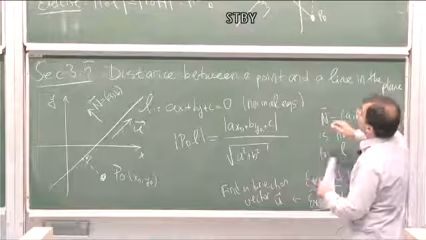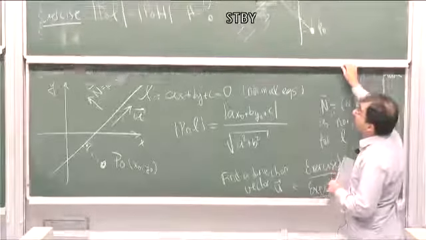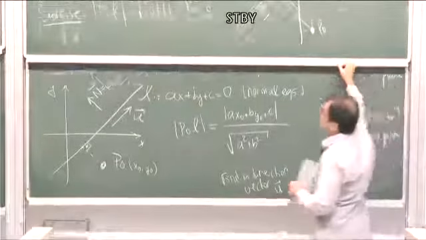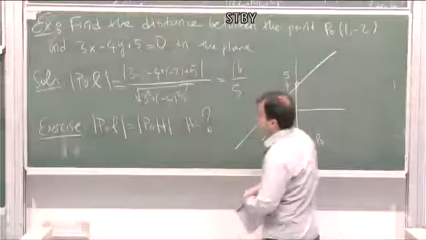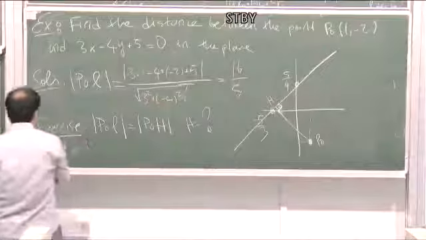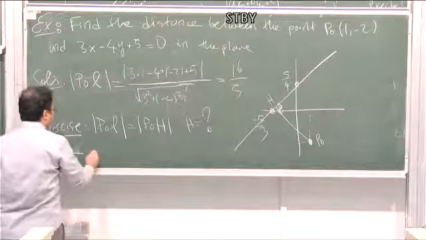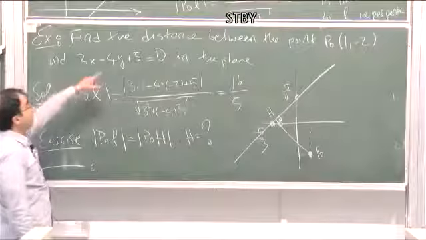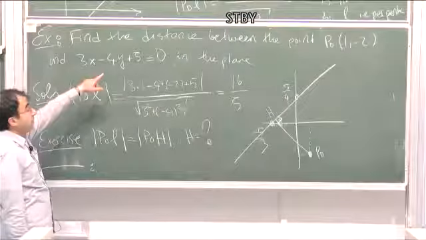All right. Maybe I should also ask you the following, another exercise. Let's consider the equation 3x minus 4y plus 5 equals 0 in space.